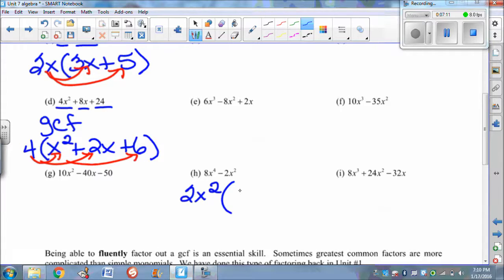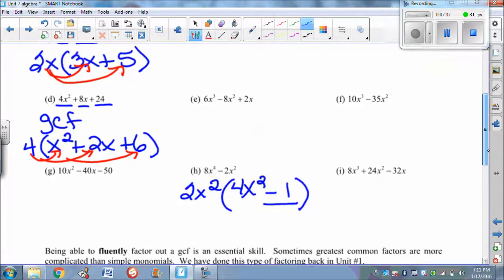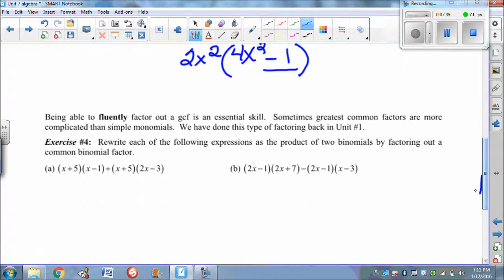So now what's left over? 4x squared, because 2x squared times 4x squared is going to give me that 8x to the 4th back again. And then now let's think about what's going to hold the place right here. 2x squared times what gives you negative 2x squared? And it's negative 1. So again, these are some more problems that I want you to work through and fill in and be able to come to class with questions on.